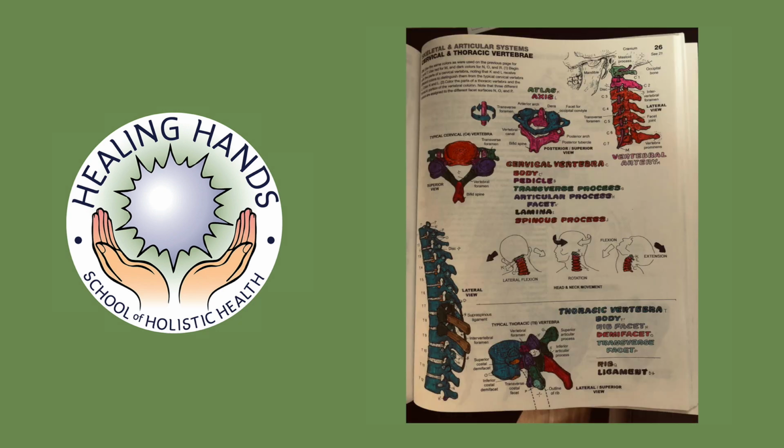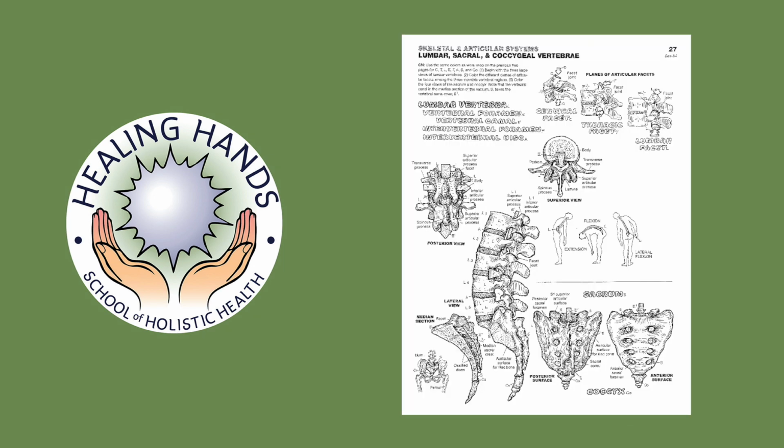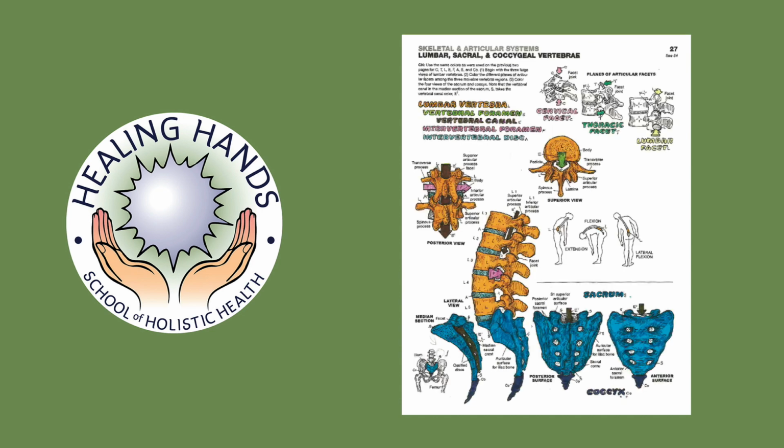On 26, you have the spinous process, the bumps on the spine that stick out posteriorly, and the transverse process, the bumps that stick out laterally. You have C1, which is atlas, and C2, which is axis. And on 27, you have the sacrum and coccyx. Remember, coccyx is the tailbone, and sacrum is the bone superior to the tailbone.